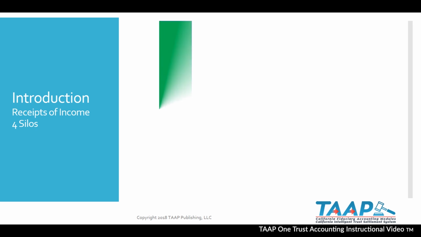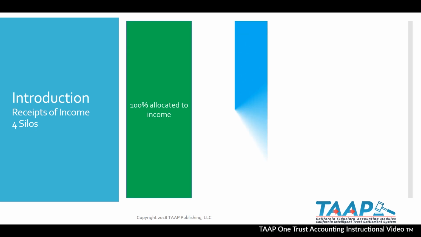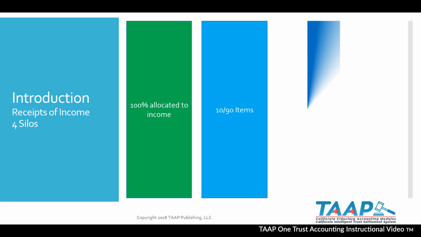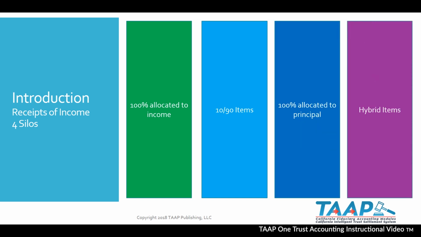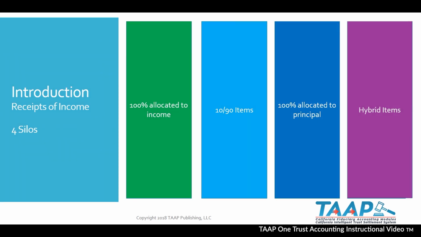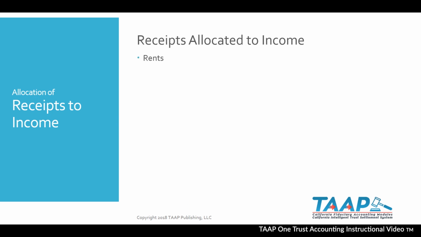To show that to you in a different way, if we look at four silos, basically we're going to have items that are 100% allocated to income, our 1090 items, 100% allocated to principal, and those items which are hybrid allocations.